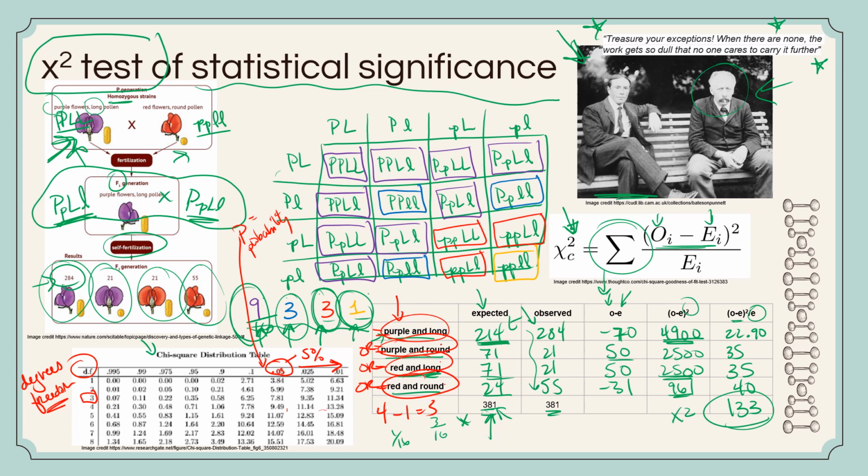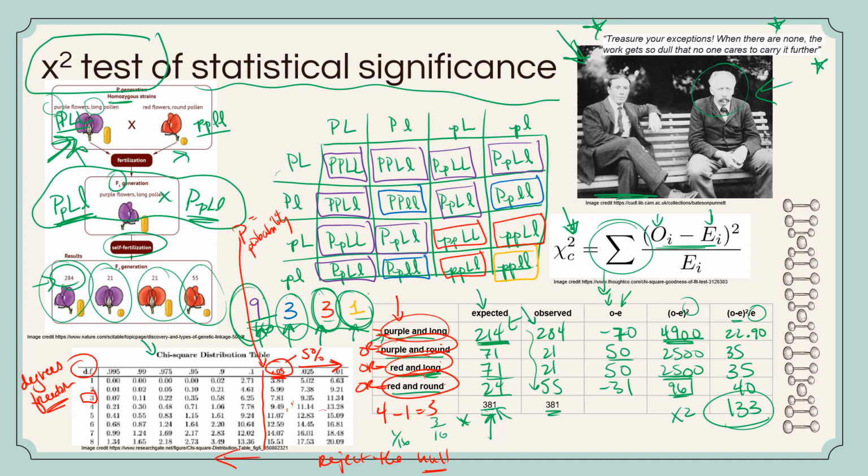So again, in the natural sciences, our p-value must be 0.05 or smaller, 5% or less, for us to say that our results are significantly different from the expected. We say that we can reject the null. Null means nothing. We reject that nothing changed.